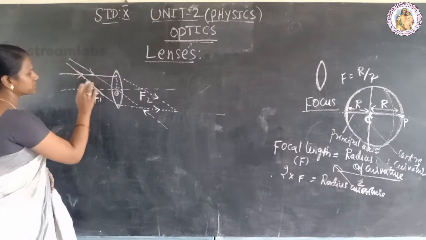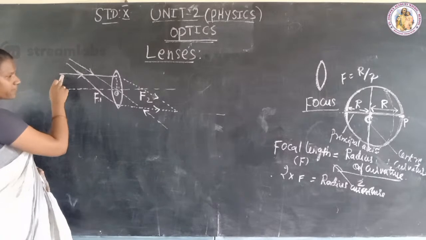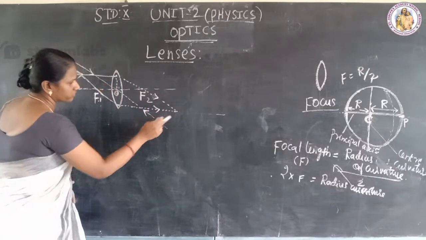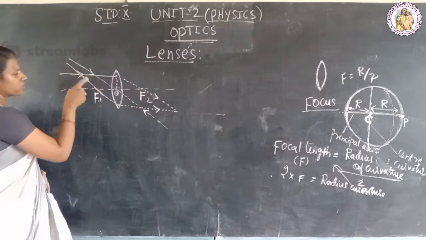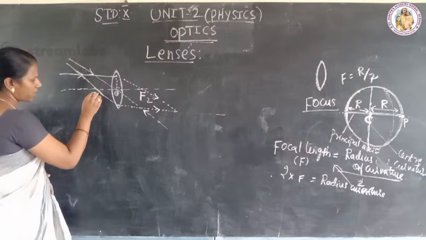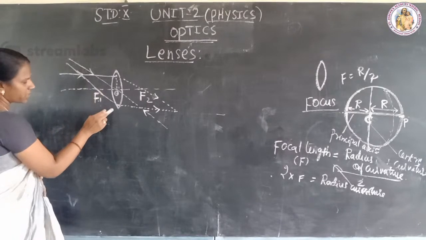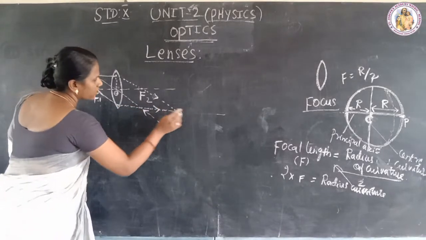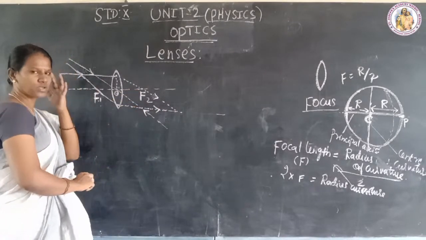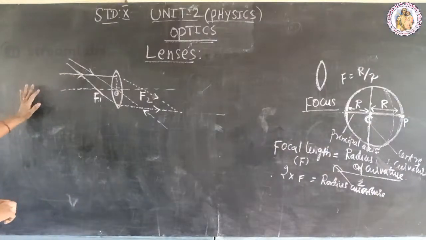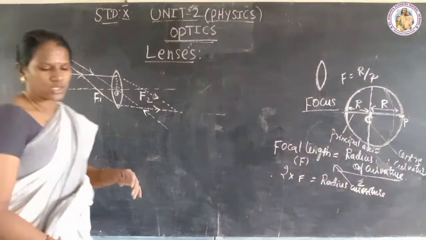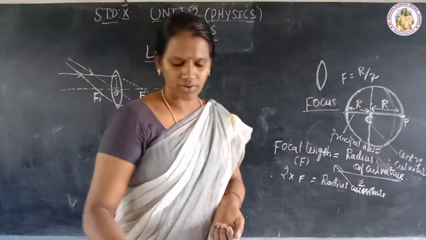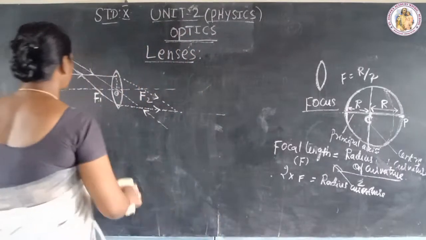The parallel ray which falls on the lens, after refraction goes to F. If the incident ray goes to F, after refraction it goes parallel to the principal axis. So these are the three rules. By using this we are going to construct the refraction of light through a convex lens.